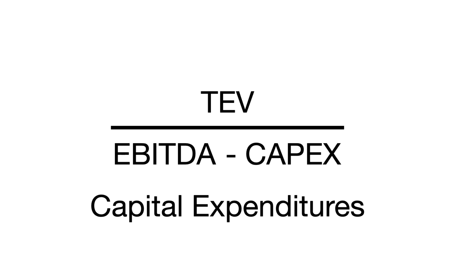Maybe the TEV over EBITDA minus capex will be a very large ratio, but next year it'll be a very small ratio or whatever it might be. So you might be willing to overlook that. These are the types of things you want to think about. Or, for example, there's two companies and you're comparing them. One bought the factory this year, one bought the factory either the next year or the previous year. And so maybe that's an unfair comparison at the moment.